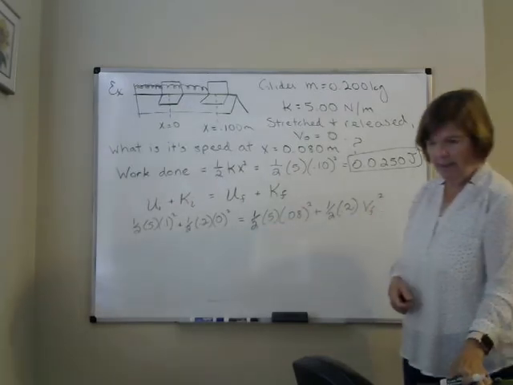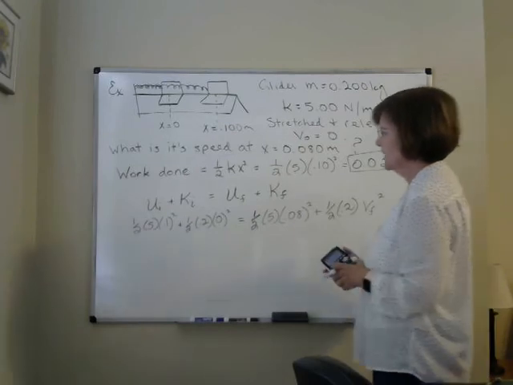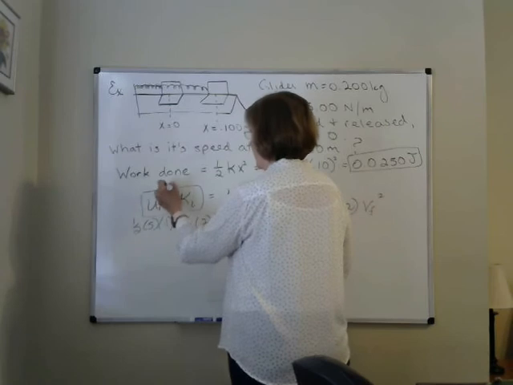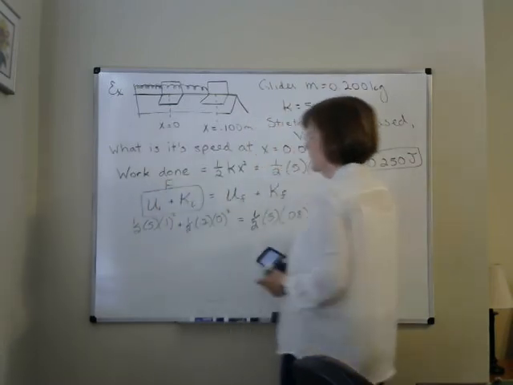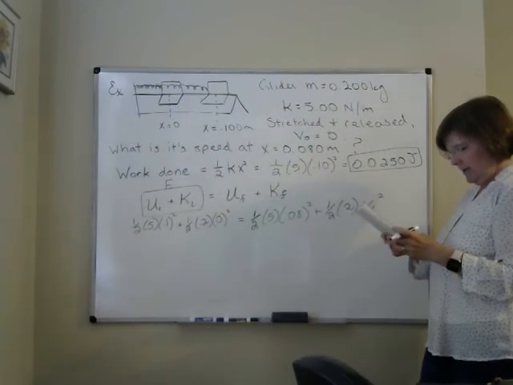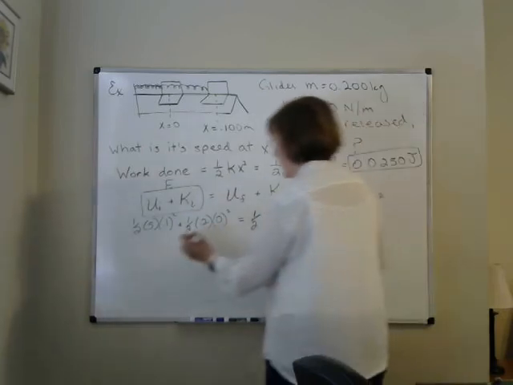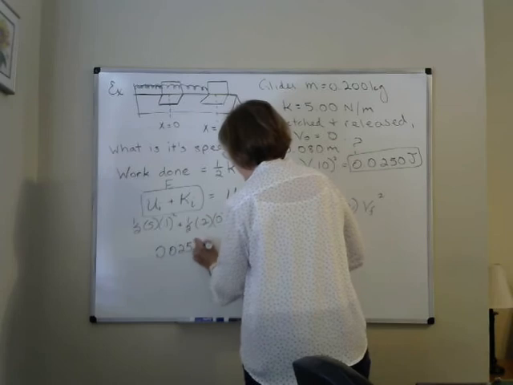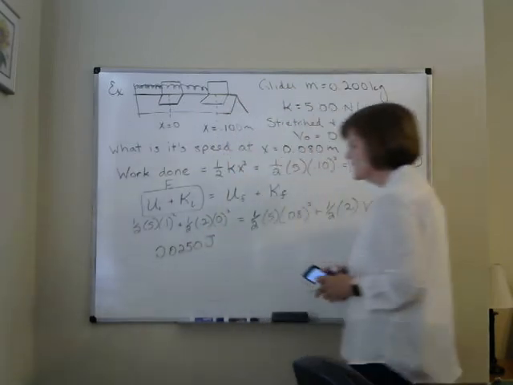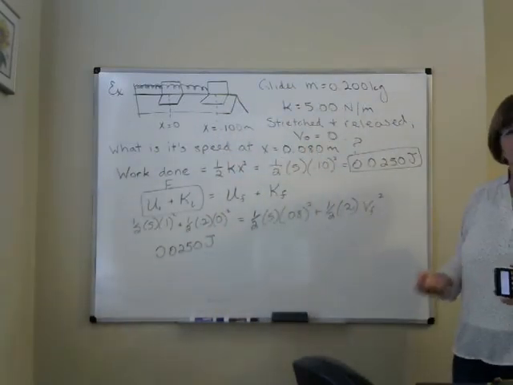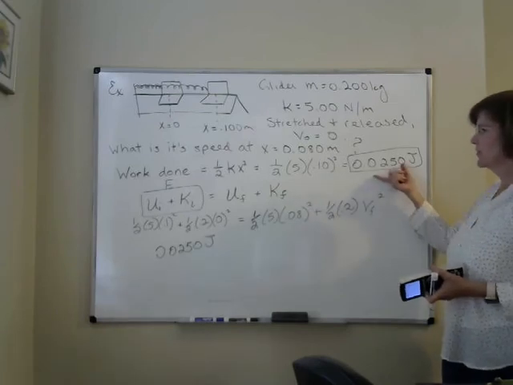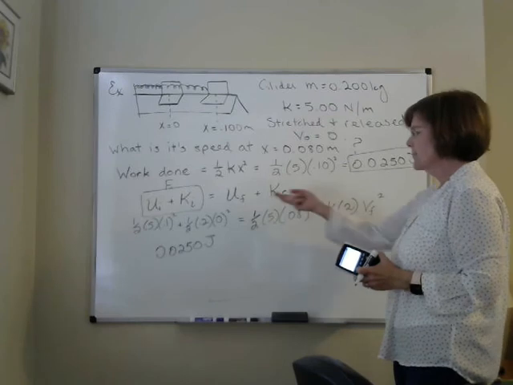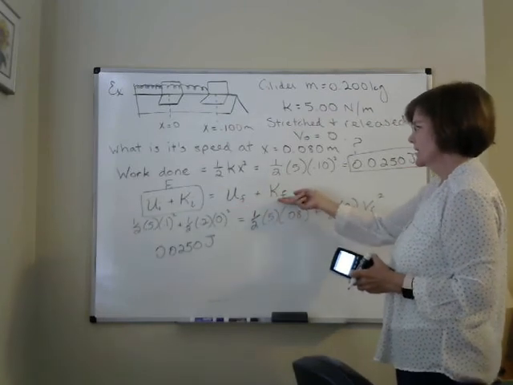Now, since this is conservative, we can think of this as being the total mechanical energy, that sum. So I've got 0.0250. Okay, so I've already done that. Basically, that's the total energy in the system the whole time. That's how much work you did, that's how much it has. The only question now is how much of its potential, how much of its kinetic.